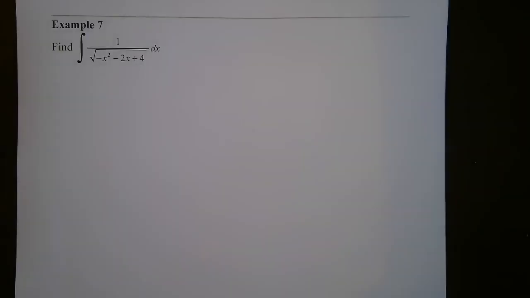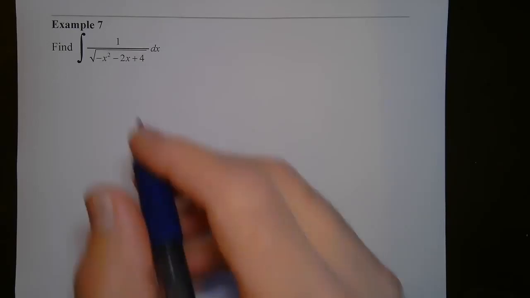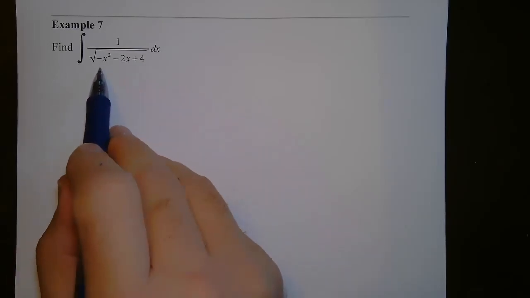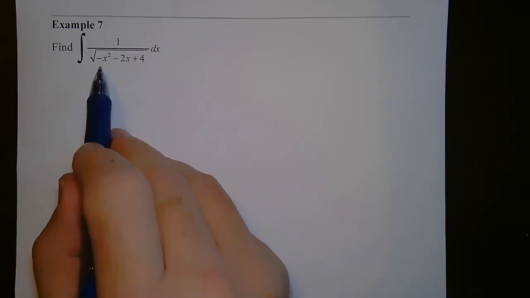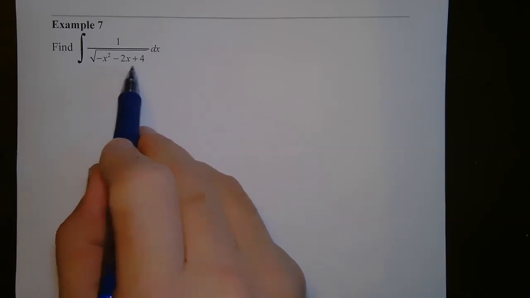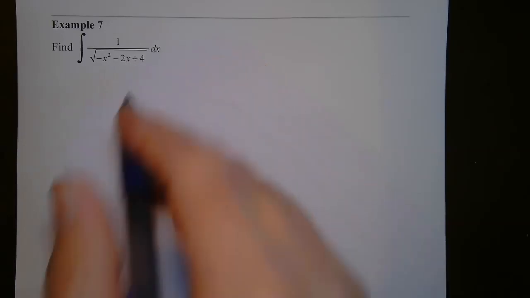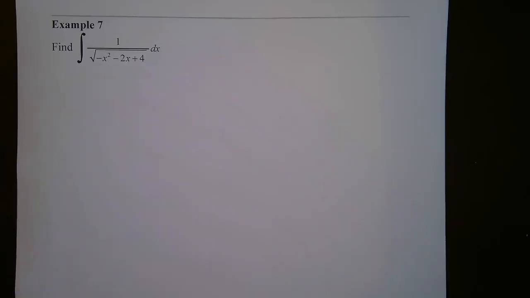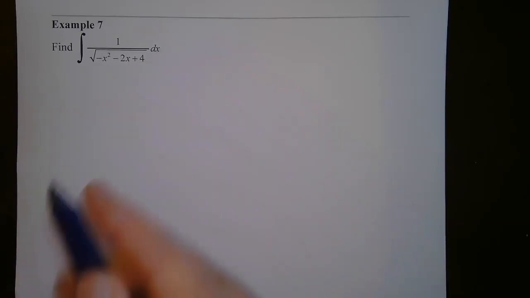For example number 7, we want to integrate 1 over the square root of negative x squared minus 2x plus 4 dx. The way we're going to pick up a negative, or the subtraction part of this, is we're going to factor a negative out of all 3 of these terms. You're going to see the subtraction part is going to develop from factoring a negative out.